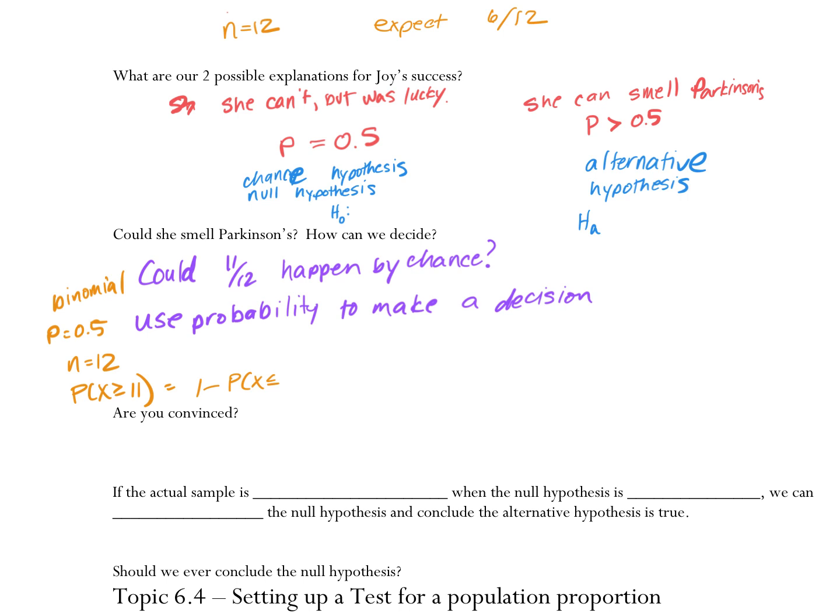Because x is our number of successes, yeah? Are you guys with me? Which outcomes are not greater than or equal to 11? Anything below 11, which is less than or equal to 10. And then we find the probability x is less than or equal to 10, then we subtract from 1. Do you guys remember doing this? It's been a while.